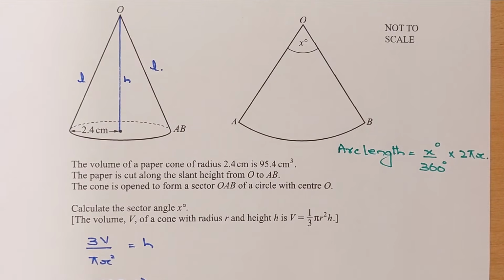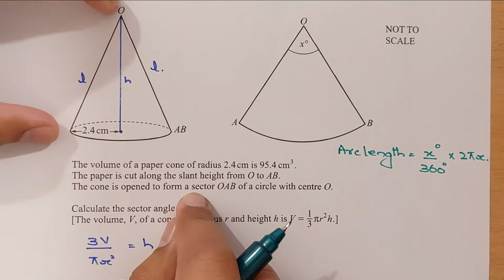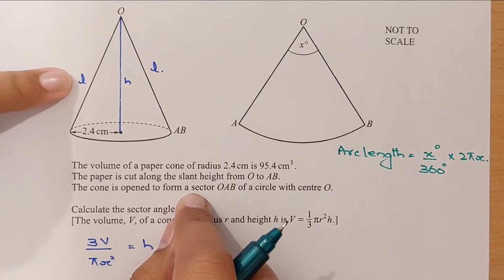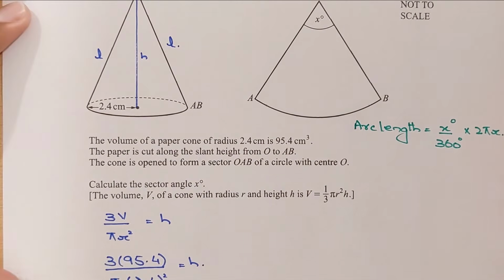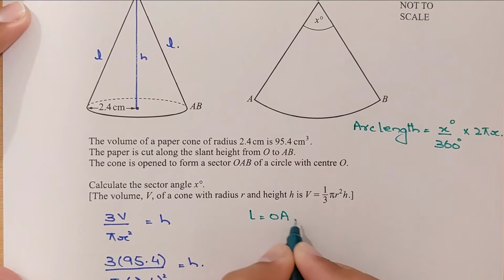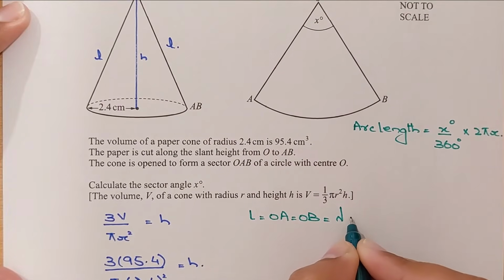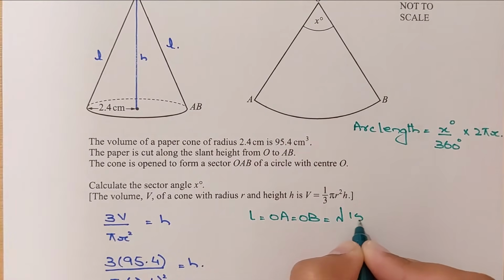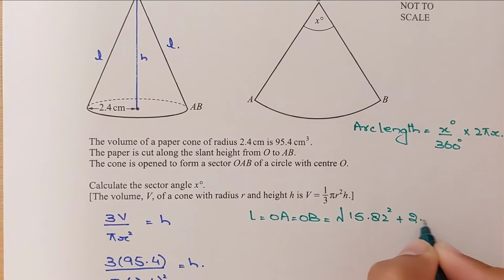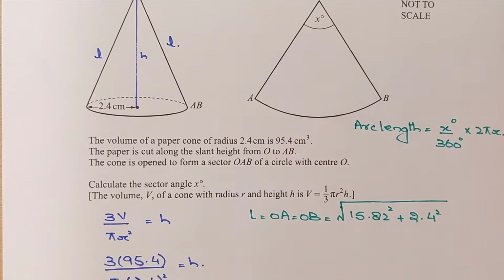So let me find OA and OB. This OA and OB is basically the length L, and we have h, we have the radius, so we can find L by using Pythagoras theorem, right? So we can say L, or OA or OB, is equal to the square root of the height squared, that is 15.82 squared, plus the radius squared, 2.4 squared.